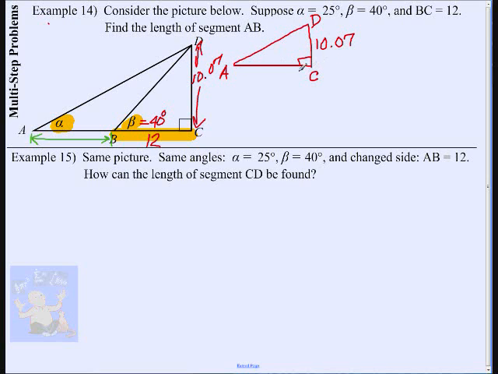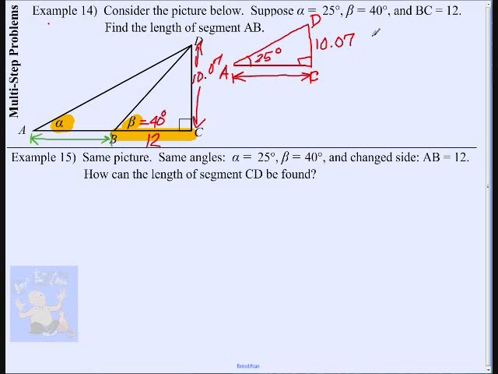I do know a portion of it, but that's not going to help me. I know that alpha is 25 degrees. And I want to find out what this is. So I don't need to know the hypotenuse, but I need to know this. So which ratio should I use now?